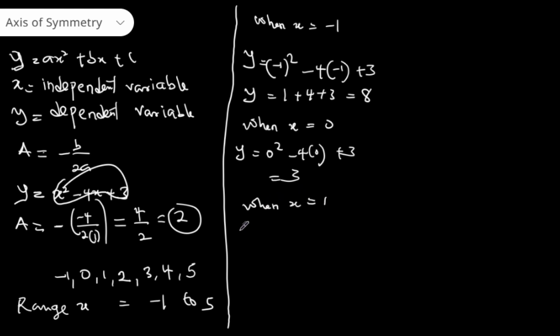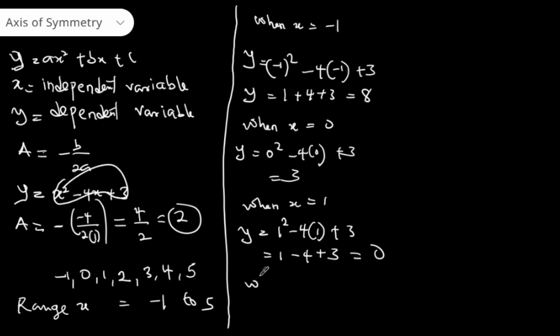When x equals 1, y equals 1 squared minus 4 times 1 plus 3. 1 squared is 1, minus 4 plus 3, and this gives us 0, because 1 minus 4 is minus 3, and minus 3 plus 3 is 0.